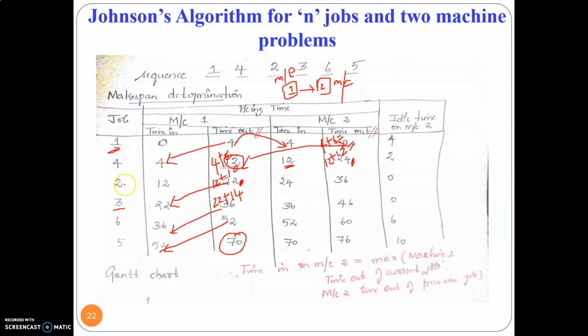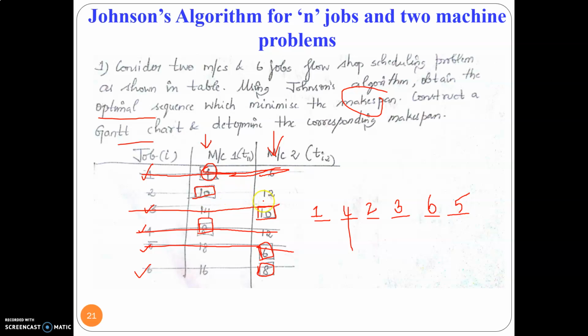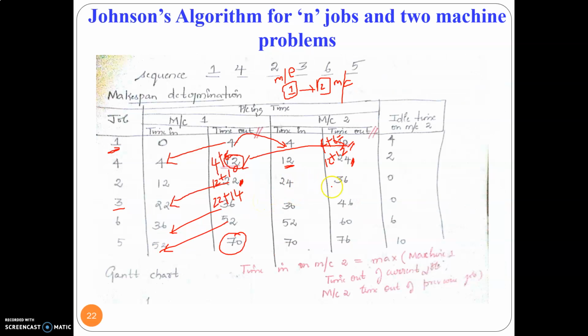Okay, so job 2 takes 12 minutes to be processed in mission 2. So 24 plus 12 gives you 36. Okay, now at the end of the 36th minute, job 2 is completed.